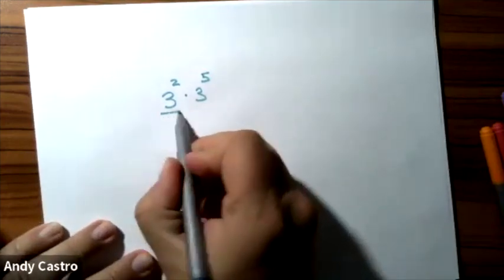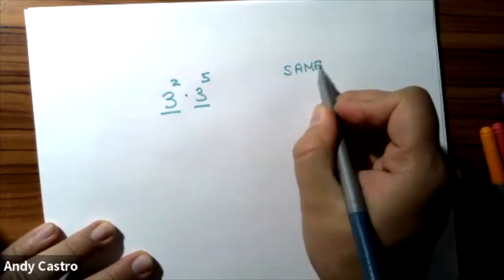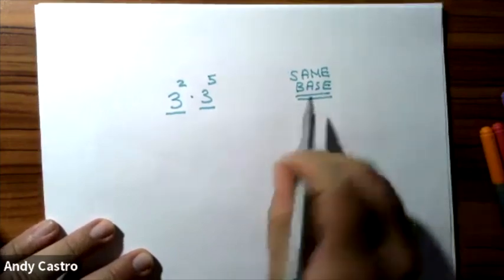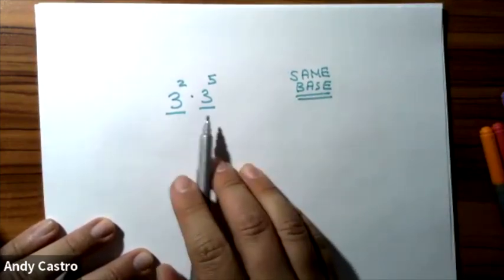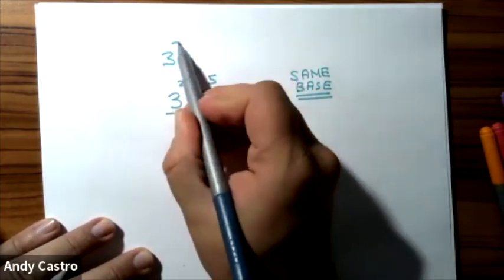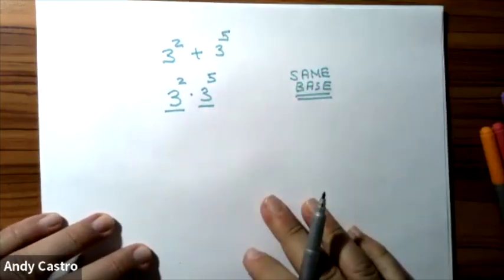You'll notice that these two have the same base, and that's going to be important. When we're dealing with the same bases, we have some things that we can do. And I want to draw a distinction between that and this, because these are going to give us two different numbers.